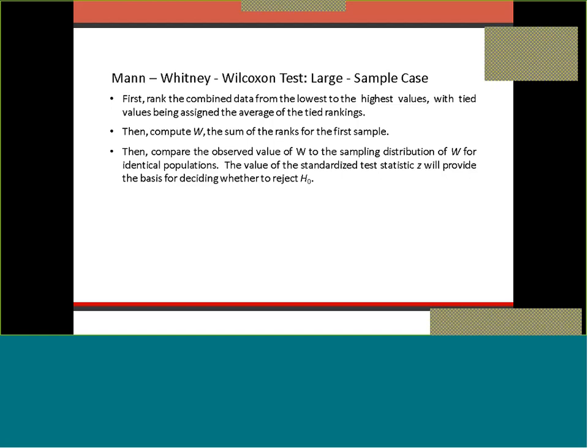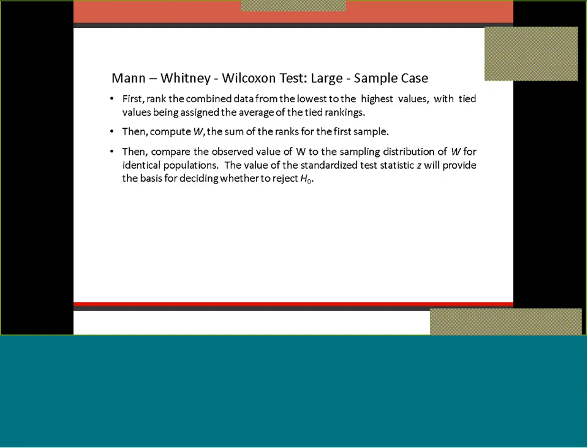The procedure of the Mann-Whitney-Wilcoxon test is like this. First, rank the combined data from the lowest to the highest values, with tied values being assigned the average of the tied rankings. So you have to combine the data first and give rankings, and whenever there are tied values, you have to give tied ranks.